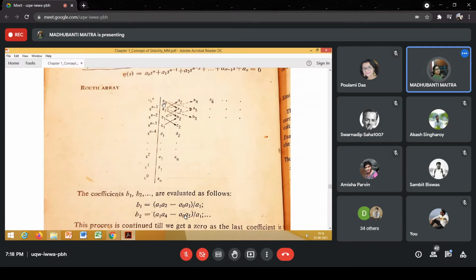If all the terms appearing in the first column of Routh array are not of the same sign, then the number of roots of the characteristic equation lying in the right half of the s-plane will be equal to the number of sign changes in the terms of the first column of Routh array.